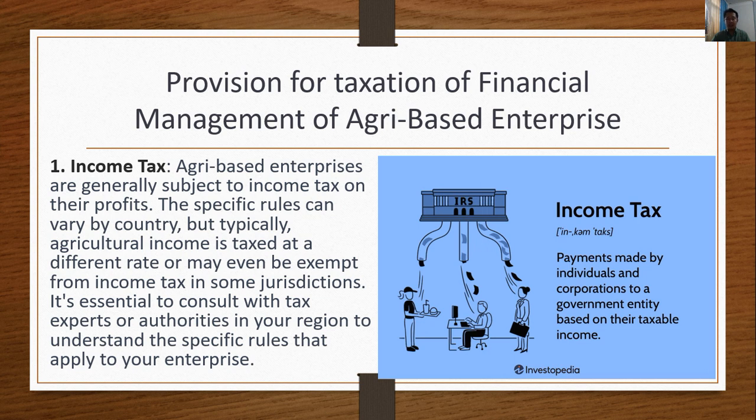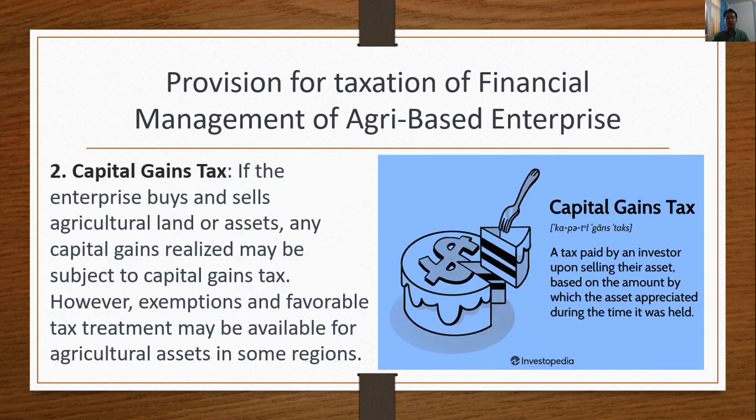It's essential to consult with tax experts or authorities in our area to understand the specific rules that apply to our enterprise. Class, we need to understand that income tax refers to the payments made by individuals or corporations to our government based on their taxable income.